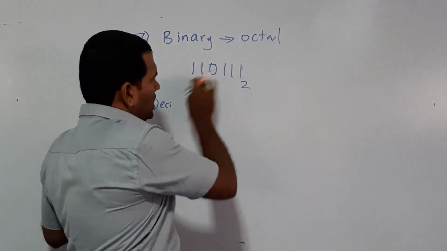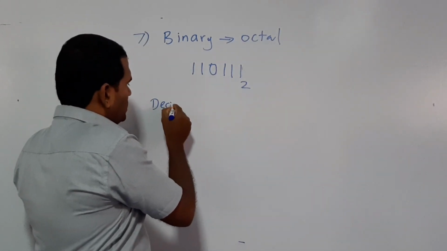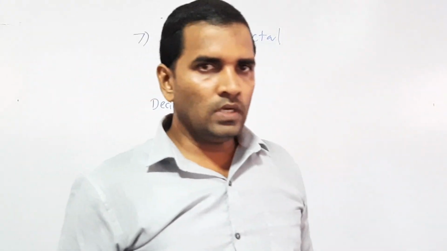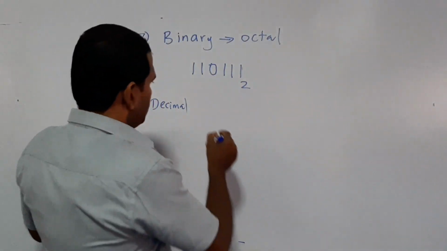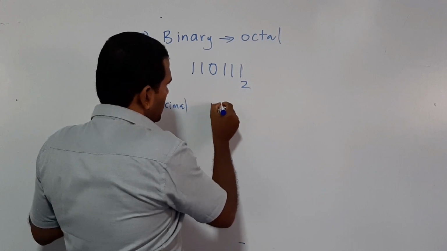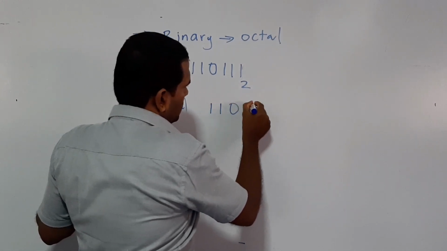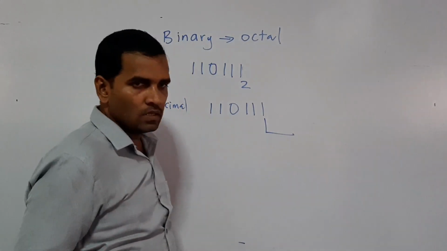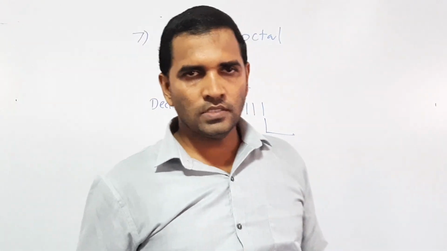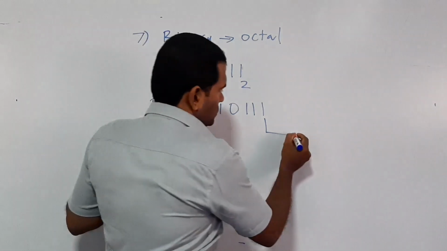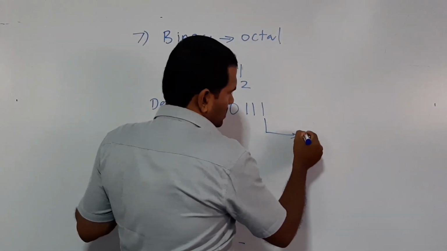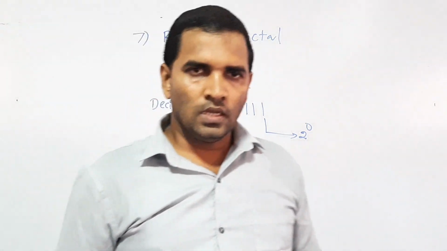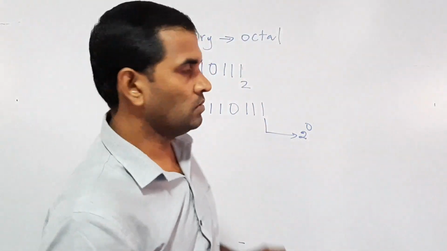So here we have binary. Let's convert this into decimal. To convert a binary into decimal, first of all, I have to write it again, 1 1 0 1 1 1. First of all, we have to write the position of each digit in the binary number. So you know this is 2 to the power 0. The first digit is always in the position of 2 to the power 0.